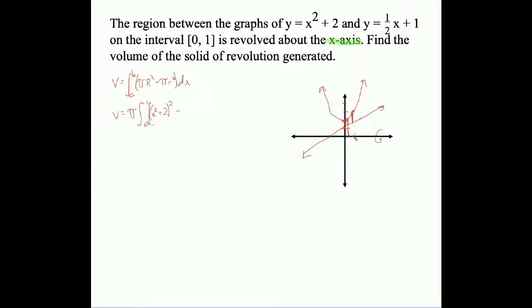Our smaller radius has to do with the line. Again, it's how high it is vertically, which is a y value. Y is 1/2 x plus 1. 1/2 x plus 1 squared, that's our smaller radius, dx. So there is the integral that we want to evaluate, and we can go ahead and work through this.